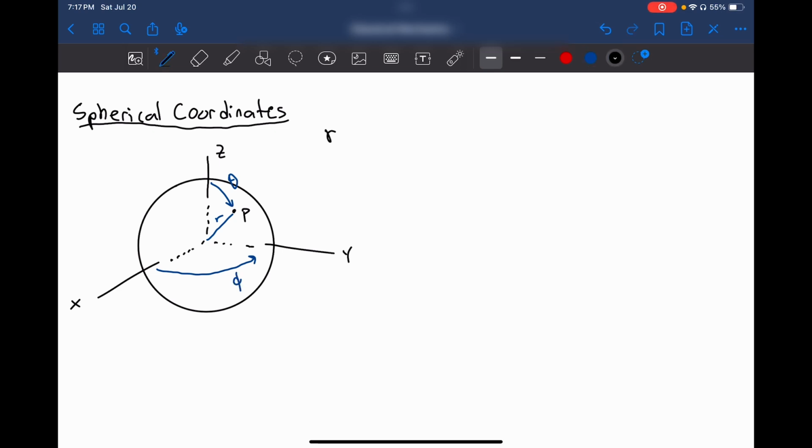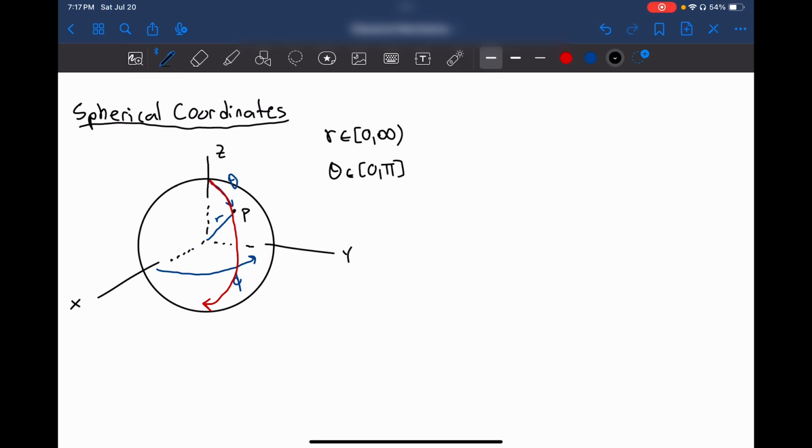It's important to note that r can take on any value, 0 to infinity. The sphere can have infinite radius. Theta can only take on values 0 to pi, because if you think about it for a second, this can only go down to here, right? Technically, it could go all the way around, but if it did go all the way around, then it'd be no different than the azimuthal component phi.